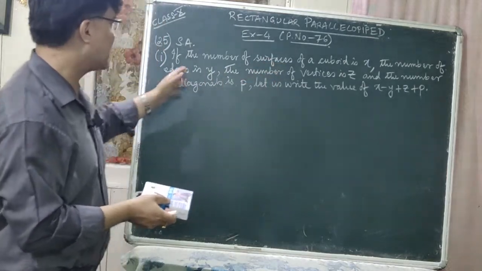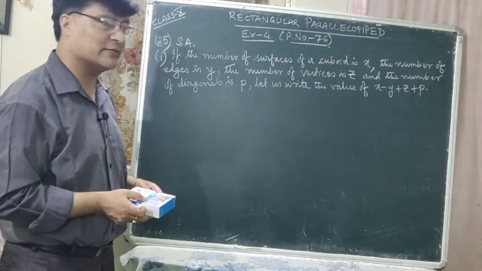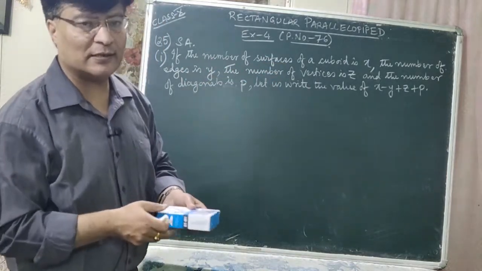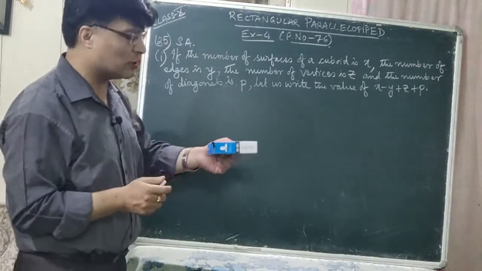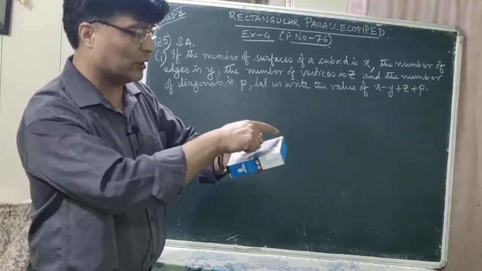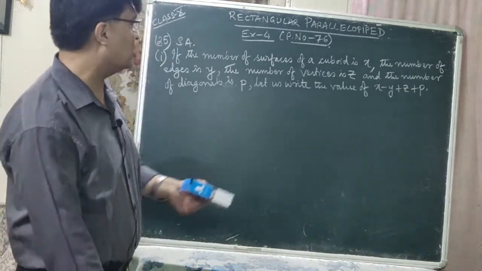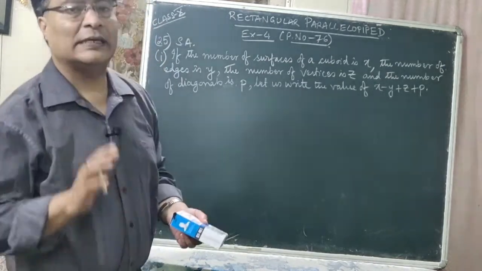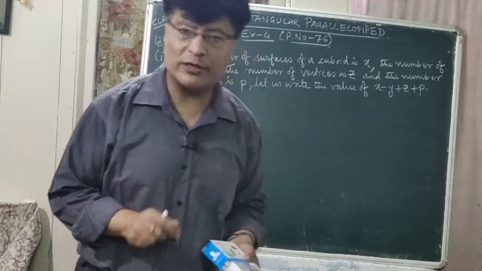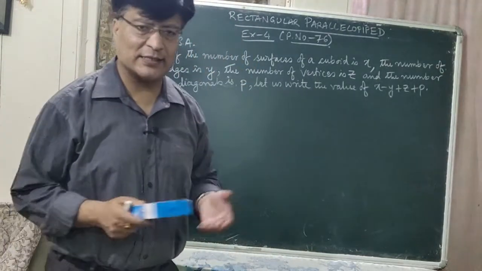So there are 12 edges in a cuboid. So how many vertices are there? 1, 2, 3, 4, 5, 6, 7, 8. So 8 vertices are there. And how many diagonals can you draw in a cuboid? 4 diagonals, you know that, isn't it?